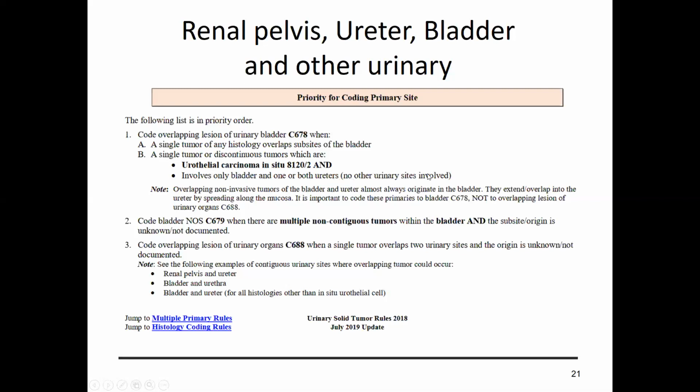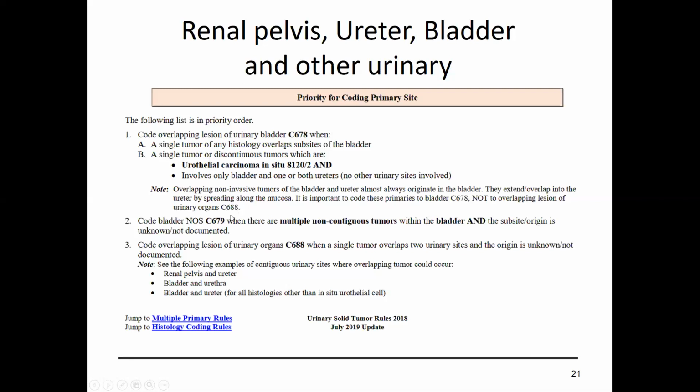There are no other urinary sites involved. So basically this is a single overlapping tumor, but 1B does allow for discontinuous tumors in situ if it's in the bladder or the ureter.